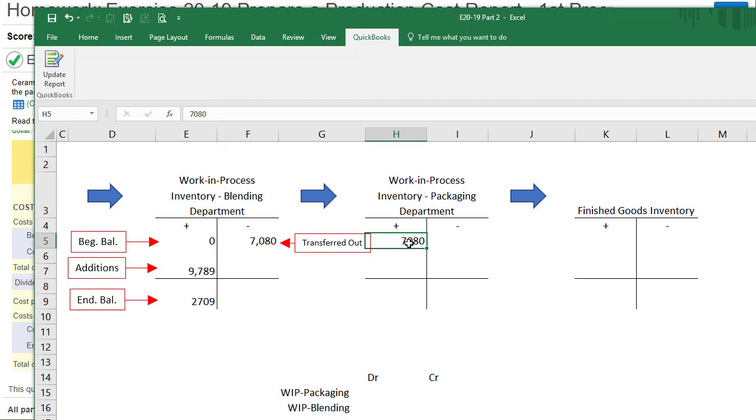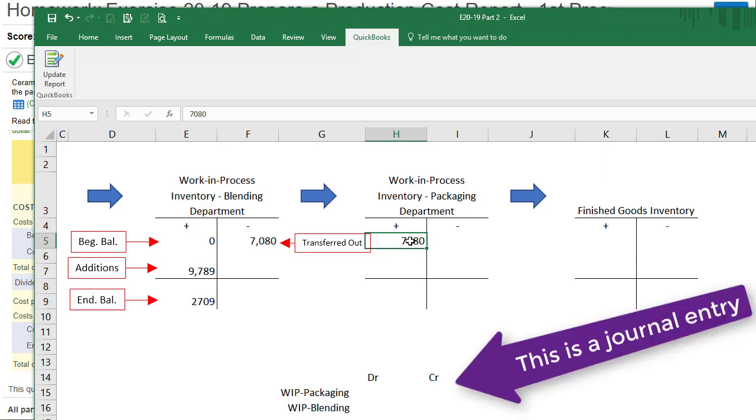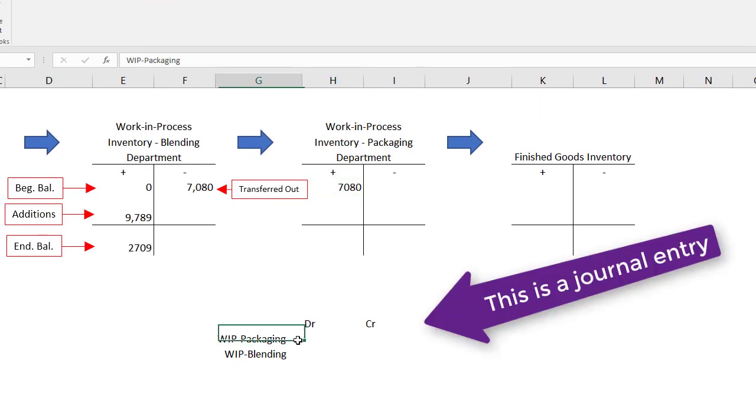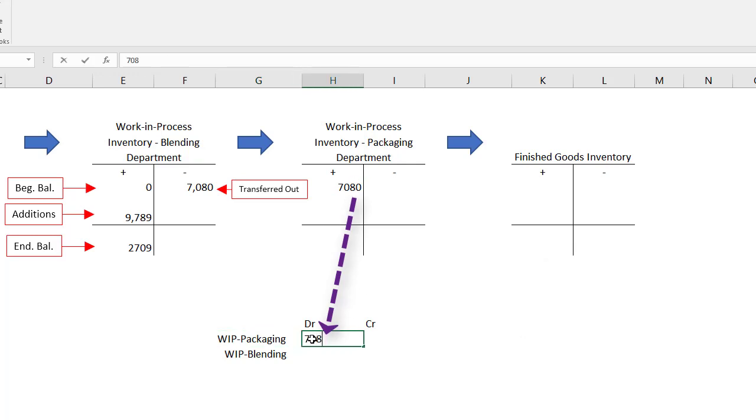And then what we would have to do is we would need to journalize these. So notice the debit goes first, so we got 7,080 going first. So work in process packaging right here will be the 7,080.